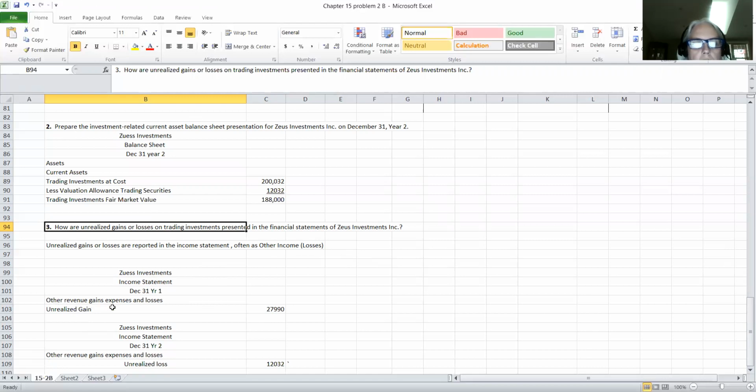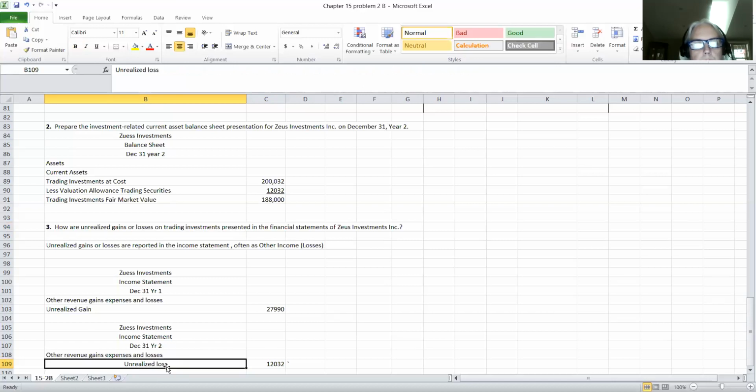Other revenues, gains, expenses, and losses is where we would find this. For year 2, we had an unrealized loss this time. So the unrealized loss is also reflected in other gains, expenses, and losses on the income statement.